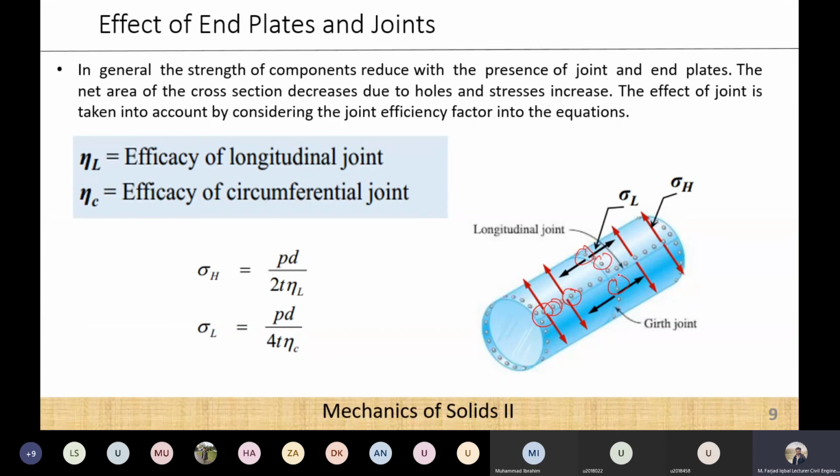So due to those holes, the cross section of the plate would reduce, and it will cause a reduction in the strength. And when the fluid is flowing inside the cylinder, more stresses will act on the cylinder, and the chance of failure of the cylindrical shape will be more.